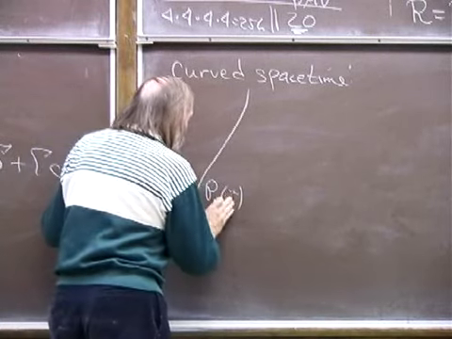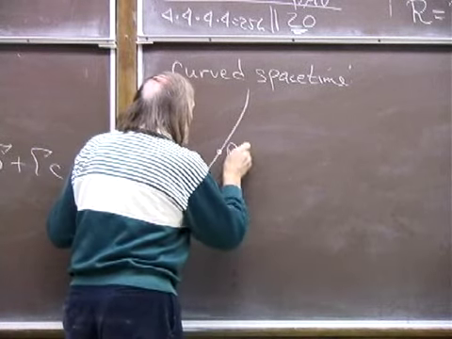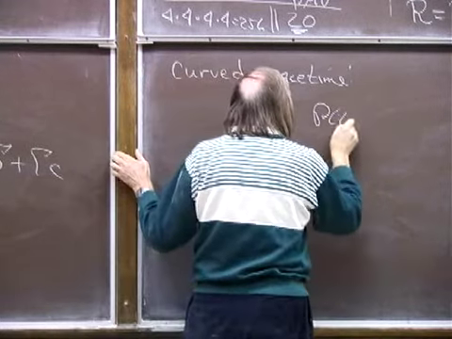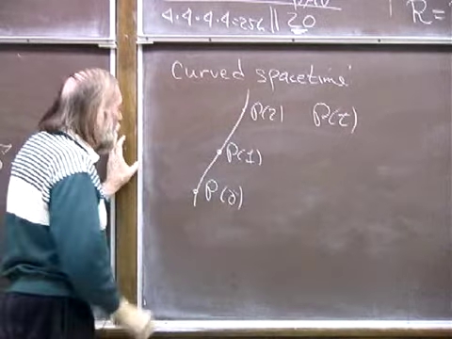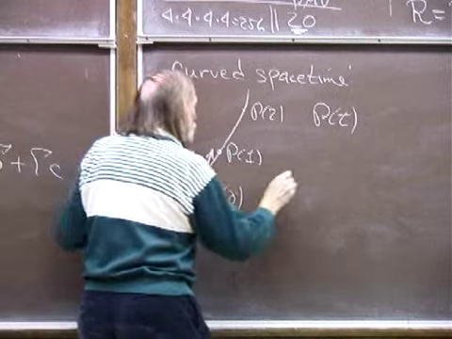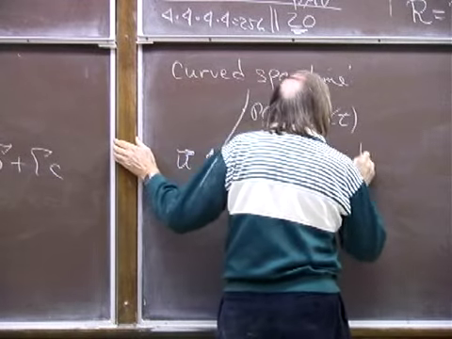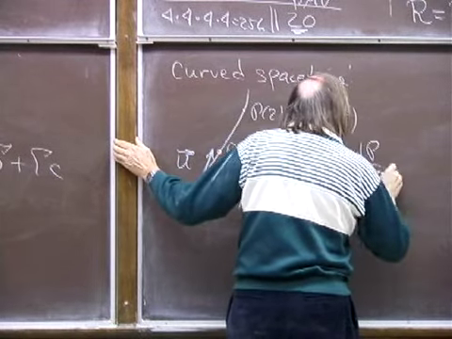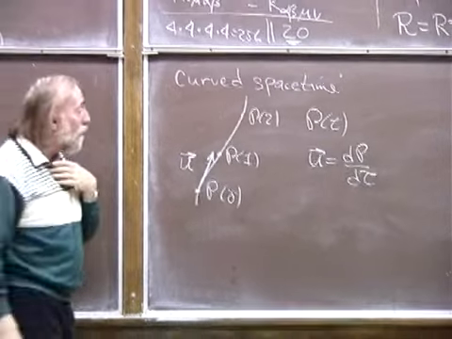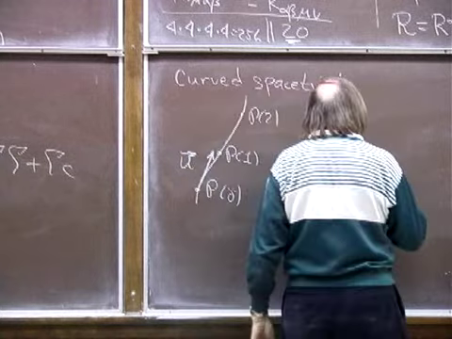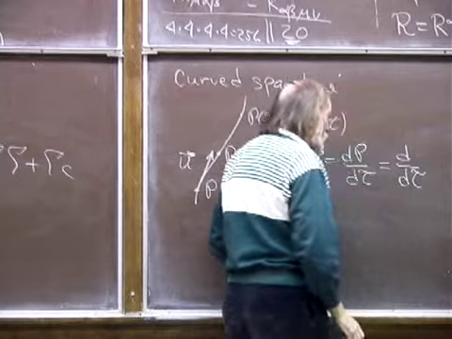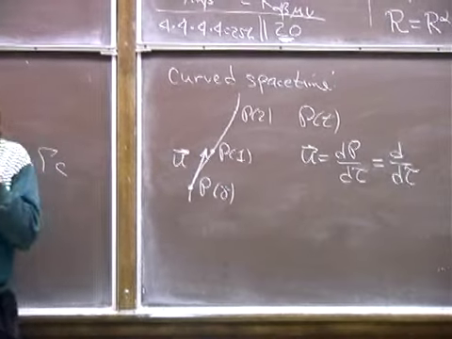So this may be p of 0, p of 1, p of 2, and the curve itself is p of tau. The tangent to the curve is the particle's 4 velocity. And this tangent is dp d tau when it's written in a notation that I rather like when I'm not trying to be a mathematician, or it's the same thing as the derivative with respect to tau along that world line when you think of it as a directional derivative.